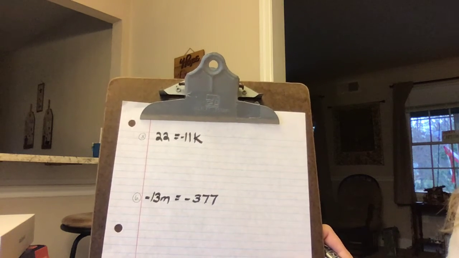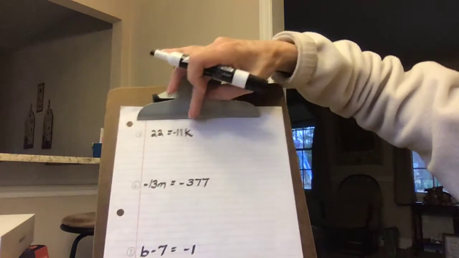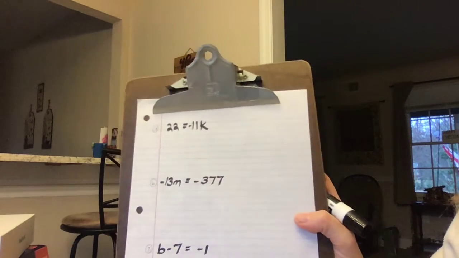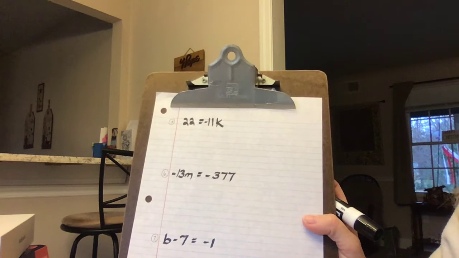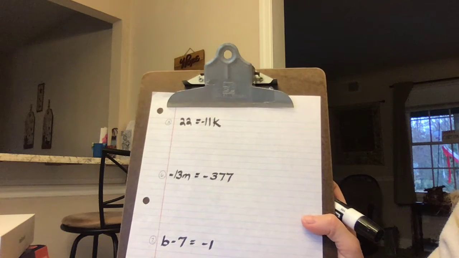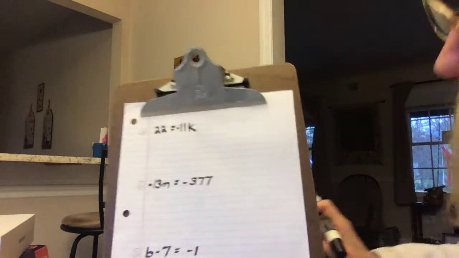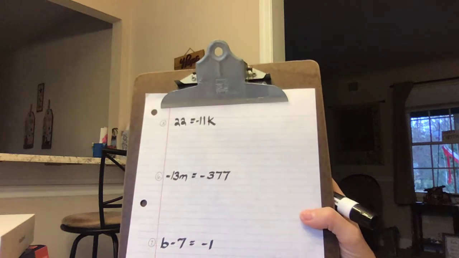Okay, so I'm trying to do something a little bit different. I'm not going to have the extra step of moving your variable and your coefficient to this side. We're just going to stick to the kinds of problems that you got wrong, and then once you're done, you're going to do only these kind of problems, which are dividing to get your variable alone.